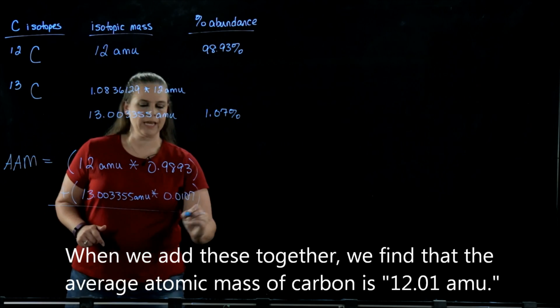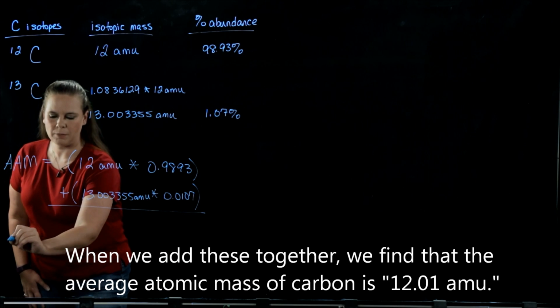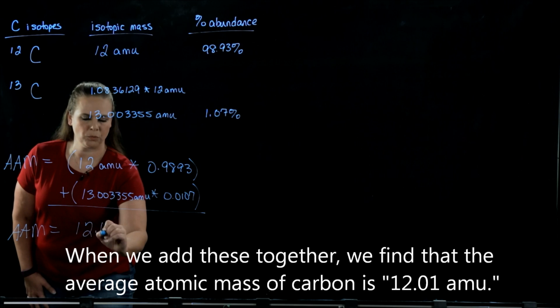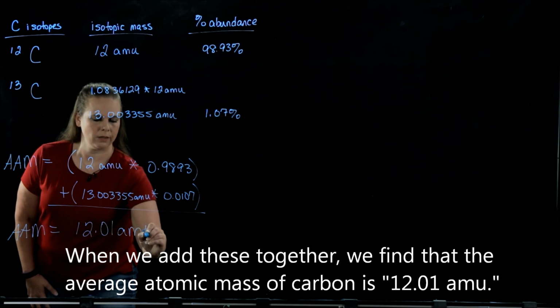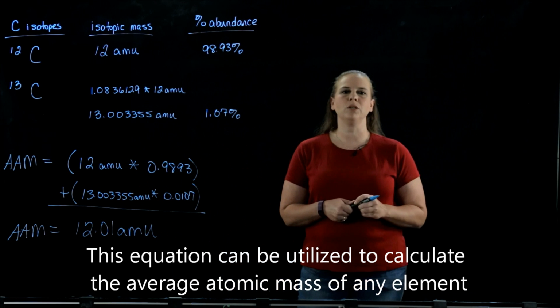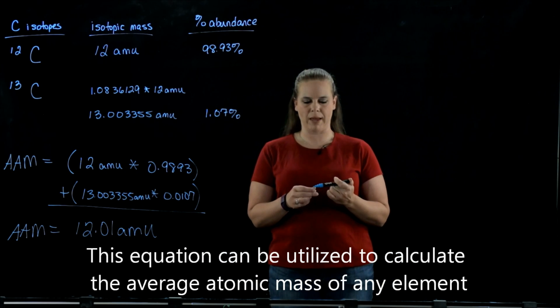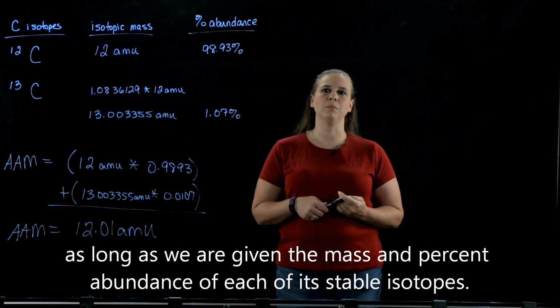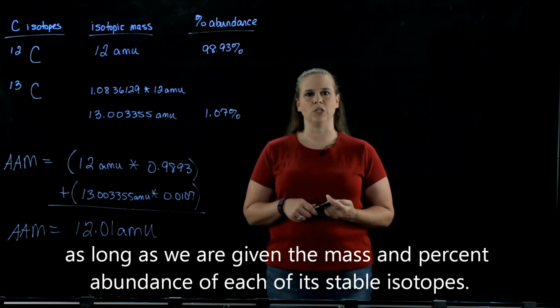When we add these together, we find that the average atomic mass of carbon is 12.01 AMU. This equation can be utilized to calculate the average atomic mass of any element as long as we are given the mass and percent abundance of each of its stable isotopes.